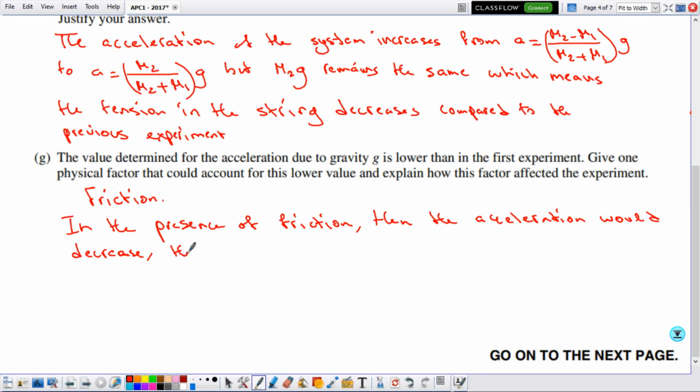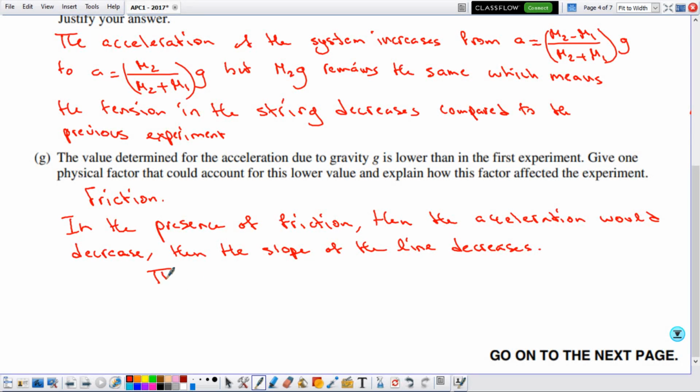Then what happens to the slope? They're claiming in the exercise that the slope is lower. So let me say then the slope of the line decreases.